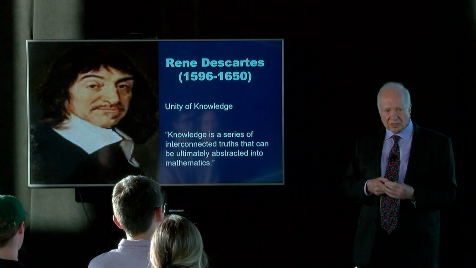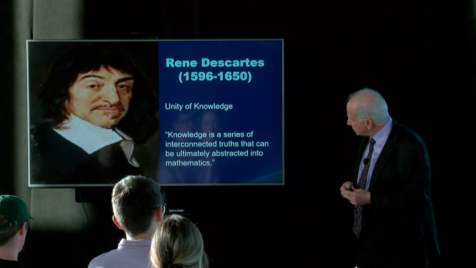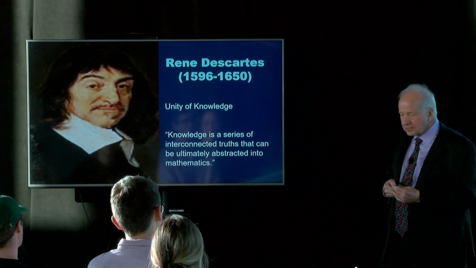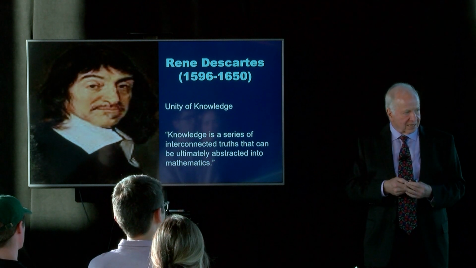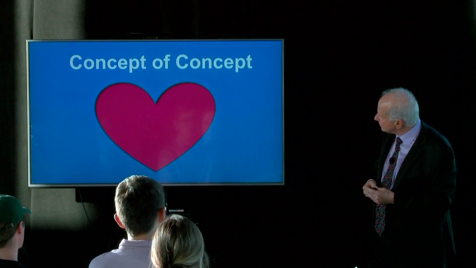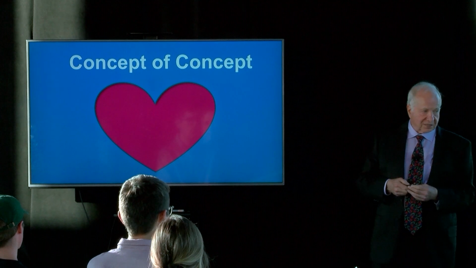And his dream was that knowledge is a series of interconnected truths that can be ultimately abstracted into mathematics. So he had this idea of the unity of knowledge. And it's pretty much the same idea as the concept maps, concepts and connections. Well, the start of it is the concept of a concept.